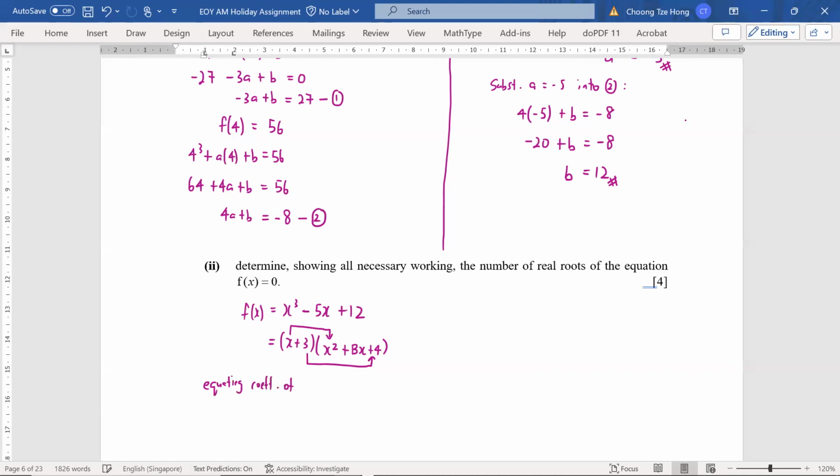Some of you are wondering, inside this f(x) cubic polynomial, there's no x squared term. So what is the coefficient of x squared? If there's no x squared term, it means that the coefficient of x squared is 0. That means over here, there is a plus 0x squared. But because it's 0 times x squared, it's 0. That's why we don't write it over here.